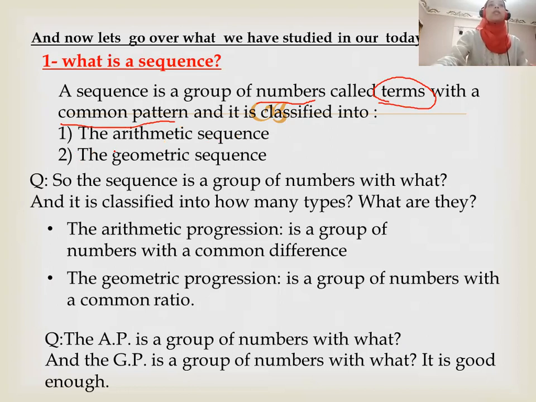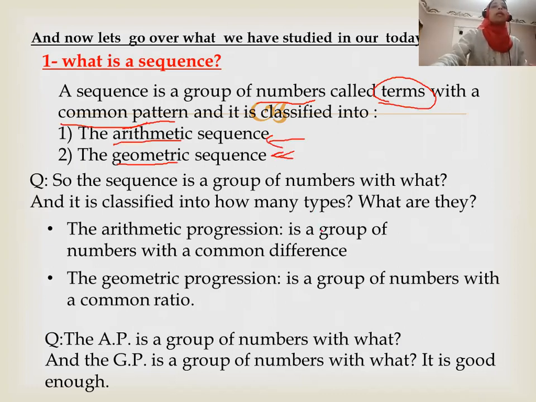The first one is the arithmetic sequence, and the second one is the geometric sequence. So the sequence is a group of numbers with a common pattern, and it can be classified into 2 types: the arithmetic sequence and the geometric sequence.